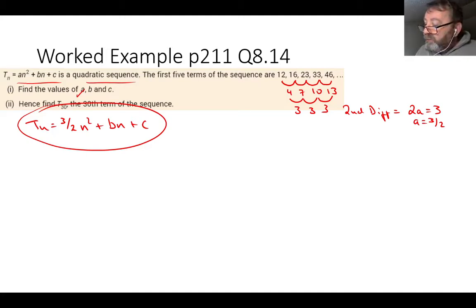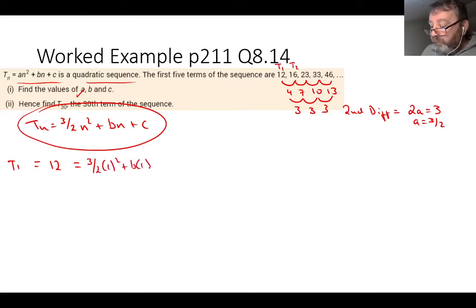Go back to the sequence. 12 is the first term. 16 is the second term. See that? So there they are. Just use those 2. T1 is 12. So down here, T1 is equal to 12, which is also equal, because n is now 1, to 3 over 2 times 1 squared plus b times 1 plus c.